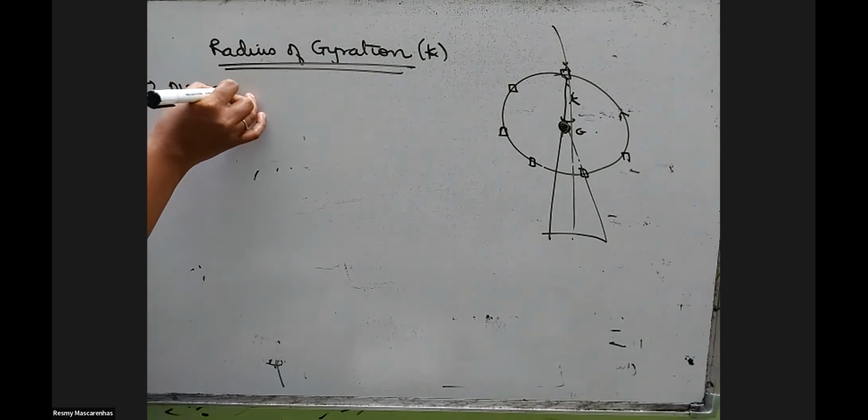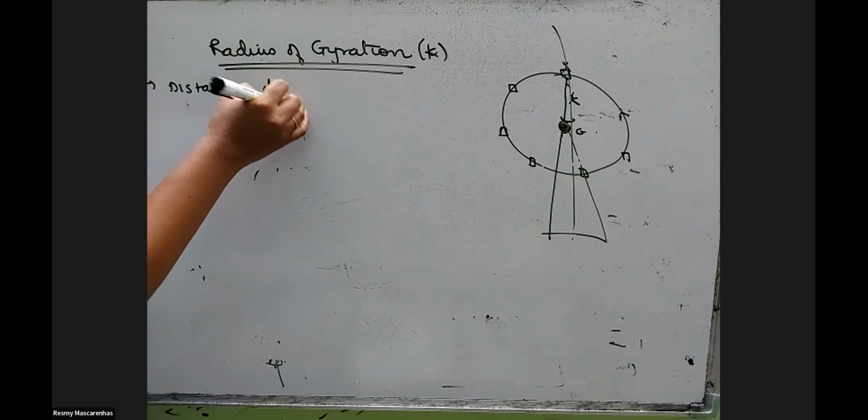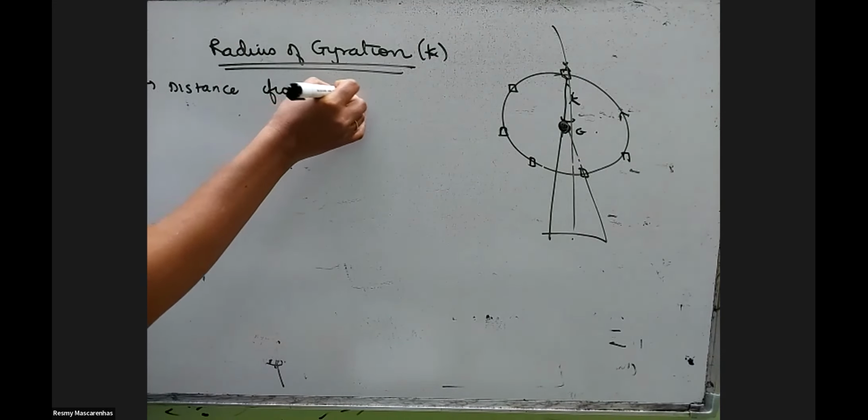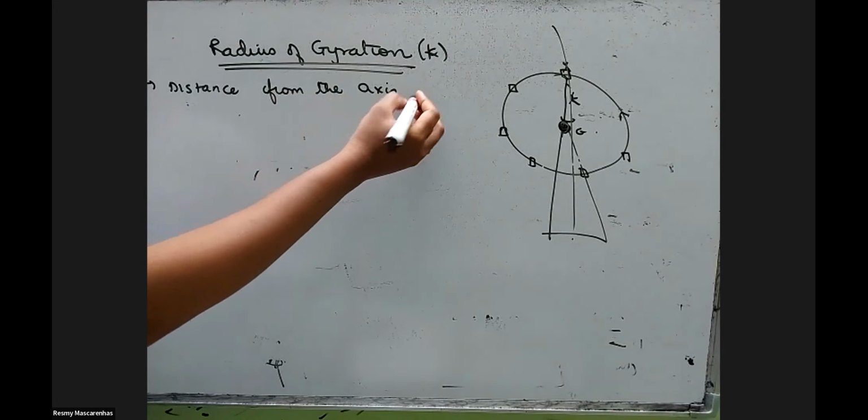What is the radius of gyration? It is the distance from the axis of rotation.